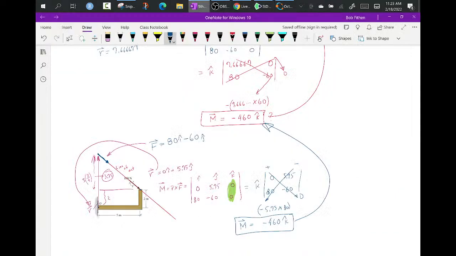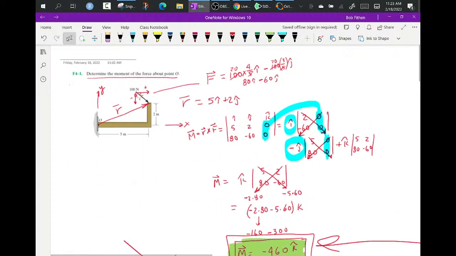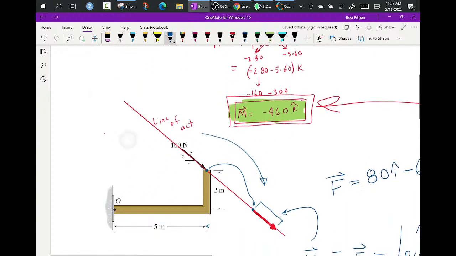So let's review what we did. In the first one, we just solved it, right? It was just there. Then we found the line of action and moved it to a point which was kind of out here, but it was still moved directly along the line of action. We got the same answer.